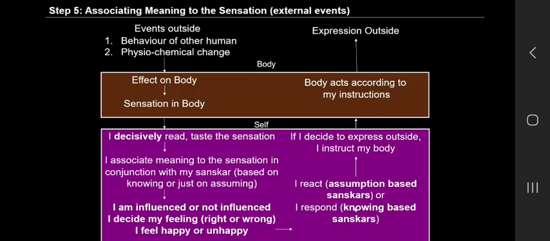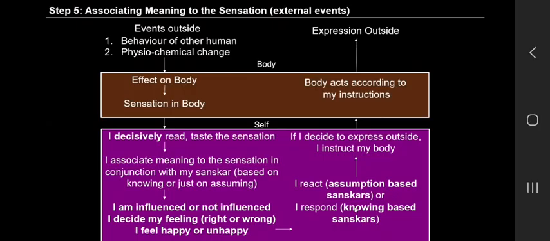Right. Now I have a reaction inside, and based on that, I decide to tell that person with a loud voice or with the same words, etc. Once I decide it, I express it outside. This is one part.